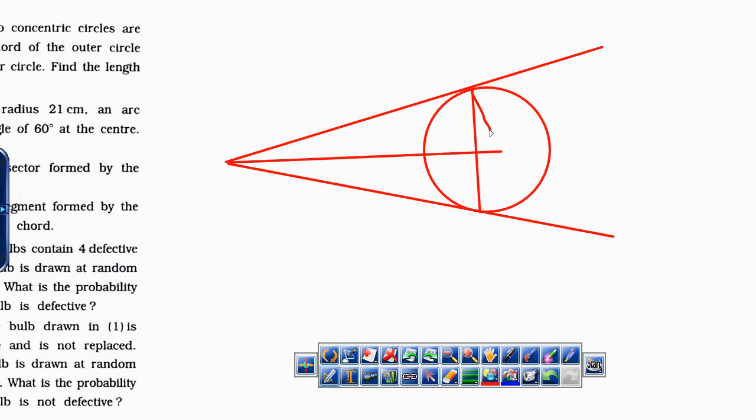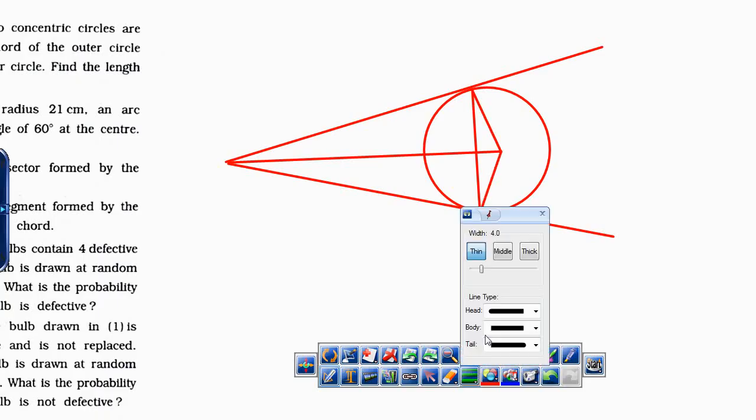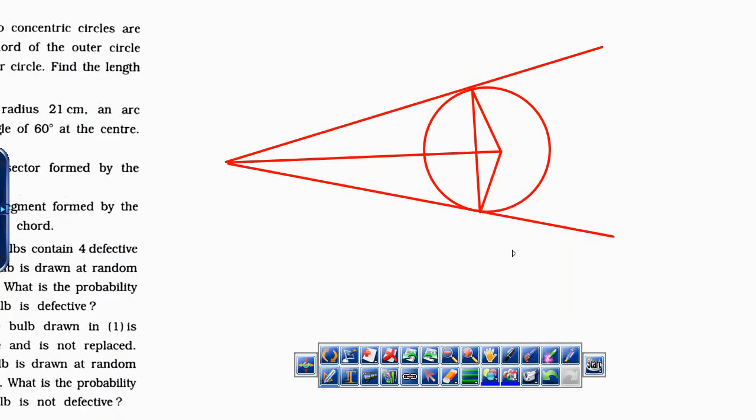Goes up to the center. Chord PQ. PQ of length 8. Therefore, this is 4, 4.